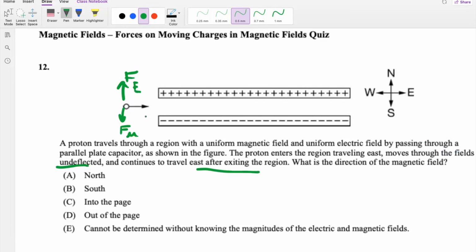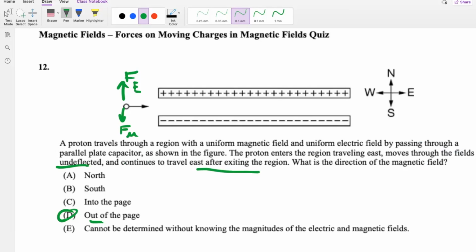So if we do the right-hand rule, velocity is to the right, we need a downward force. So our thumb has to point downward when we do our right-hand rule. So we rotate, and then it looks to me like for a positive charge, this is going to be pointing out of the page. Okay. So I think that is it for that one.